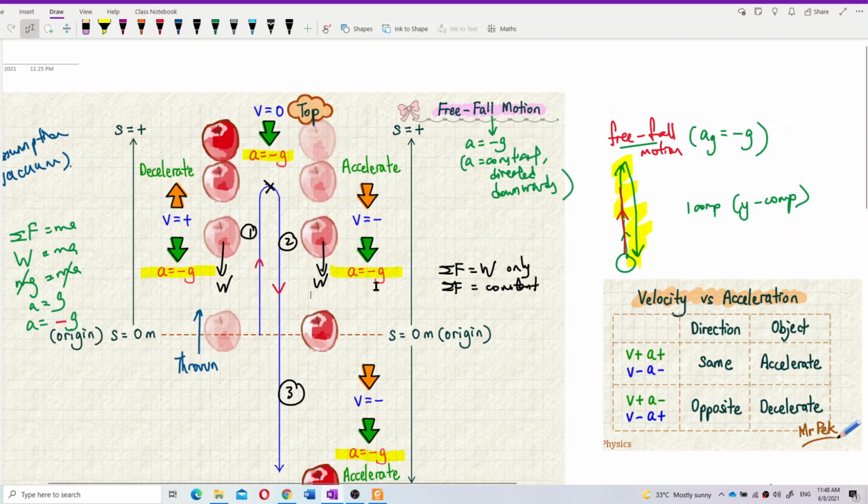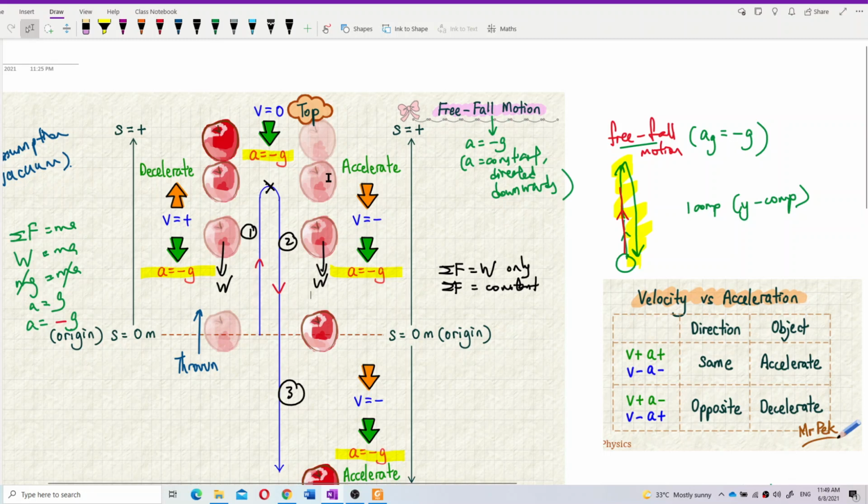So in this context, acceleration and velocity are in the same direction. Of course, when velocity and acceleration are in the same direction, both negative, both downward, the object accelerates.